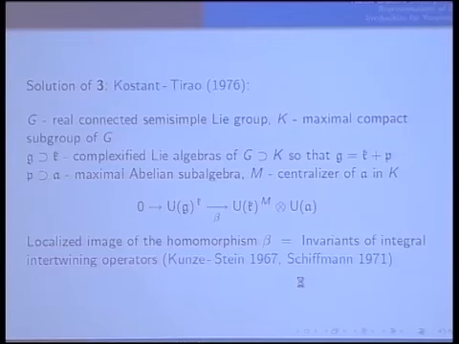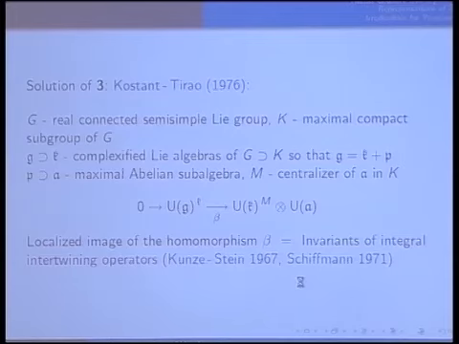So we have a real semisimple Lie group G, and the invariants in the enveloping algebra of G will relate to K. We have a map from these invariants to the following.